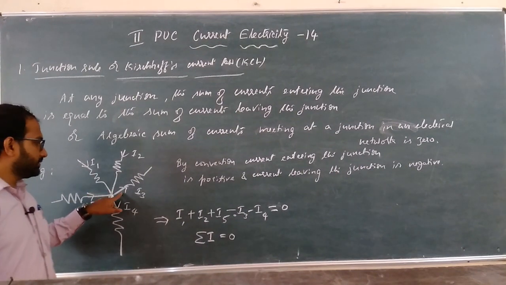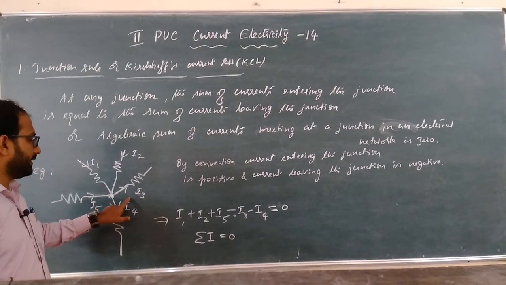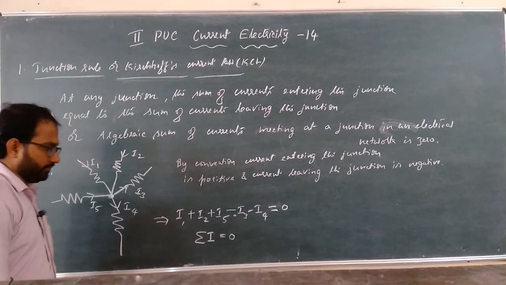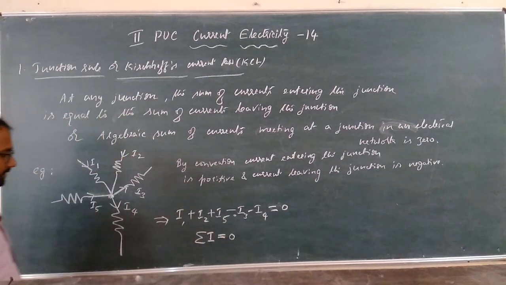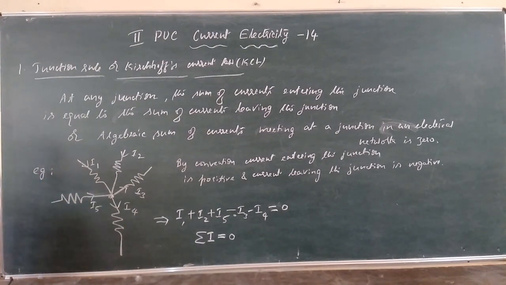Current that leaves the junction is taken as negative, therefore I3 and I4 are negative. So summation of all currents at the junction in an electrical network is 0. Okay, I hope this is clear. So this is junction rule or Kirchhoff's current law.